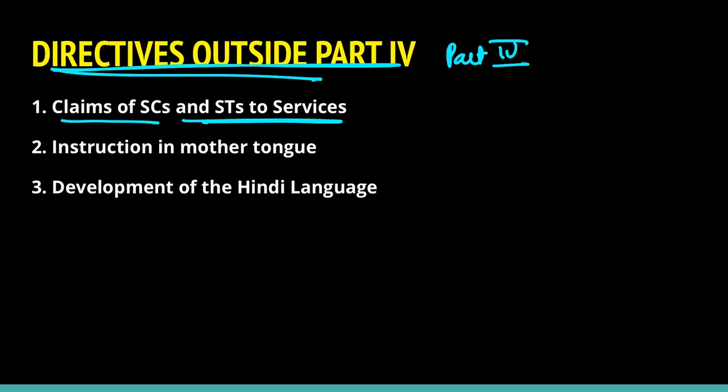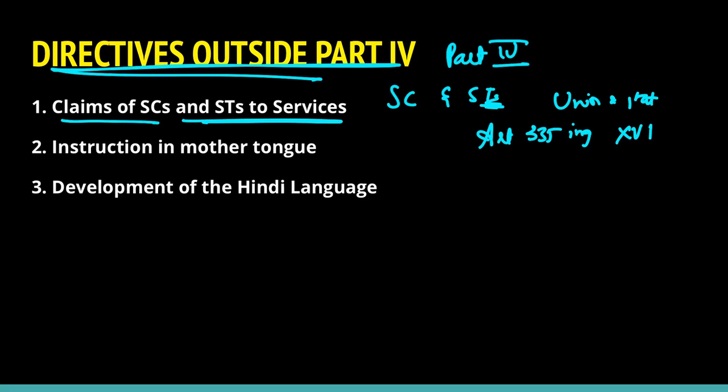The claims of the members of scheduled castes and scheduled tribes shall be taken into consideration, consistently with the maintenance of efficiency of administration, in the making of appointments to the services and posts in connection with the affairs of the Union or a state. This has been included in Article 335 in Part 16 of our Constitution.